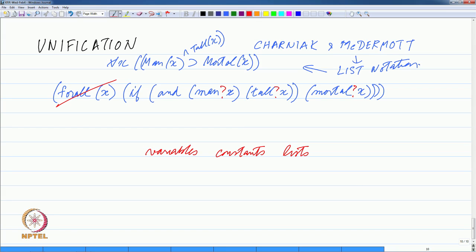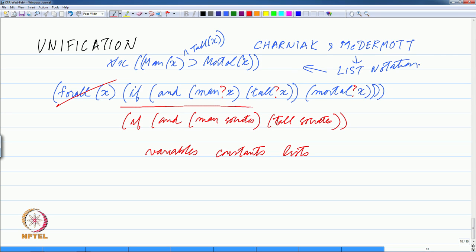So, let us say I was given this fact that if man x and tall x, then mortal x, and man Socrates, tall Socrates. I do not know whether he was tall or not, but let us assume that he was tall. Then my goal is to unify the left hand side.